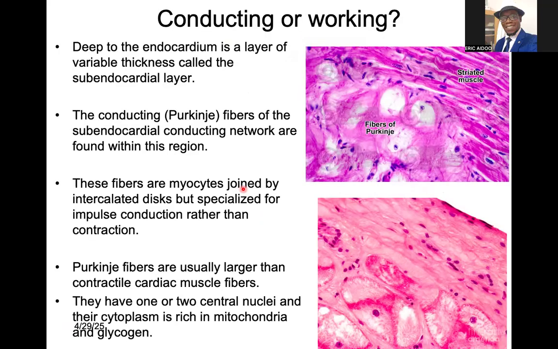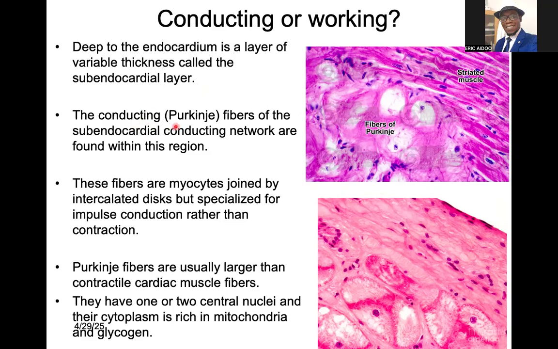So how will you be able to differentiate between the two? The Purkinje fibers, which are the conducting ones, are found deep to the endocardium. So we call that the subendocardial layer. If this is the endocardium, the innermost layer, deep to it you have the conducting myocytes or the Purkinje fibers there.